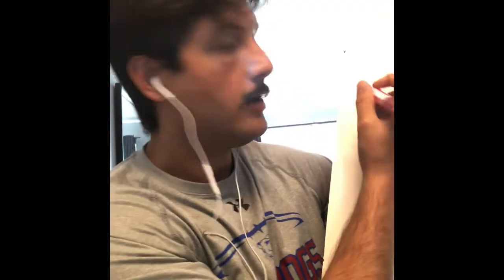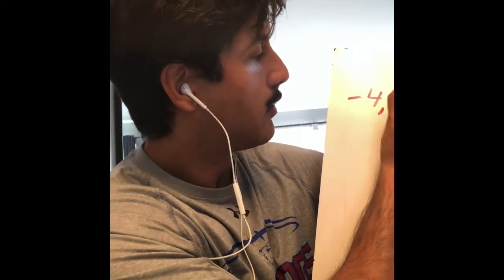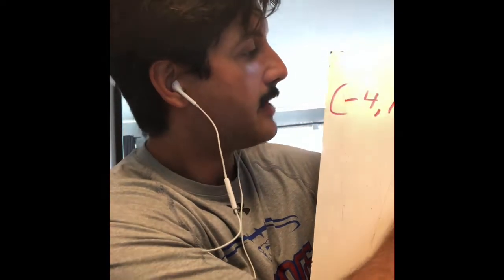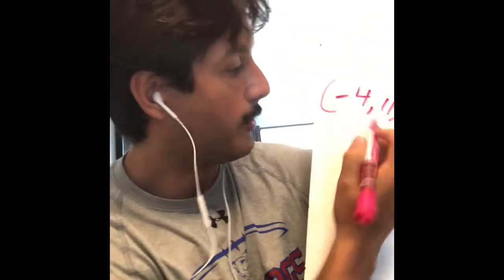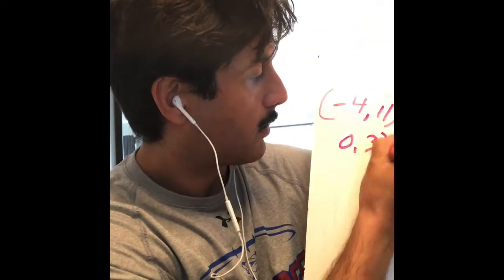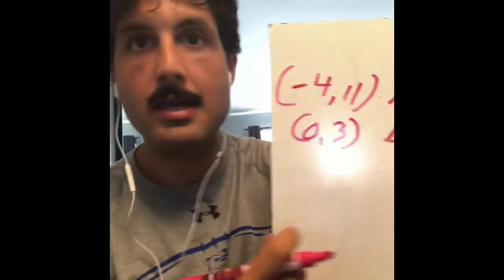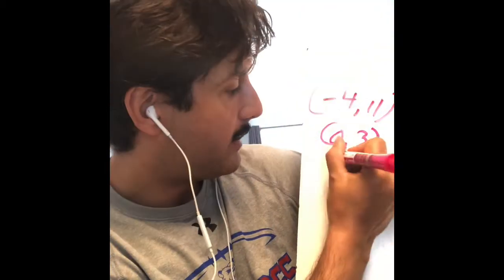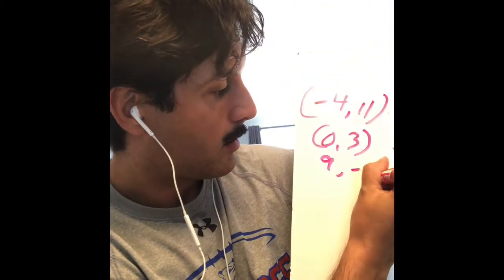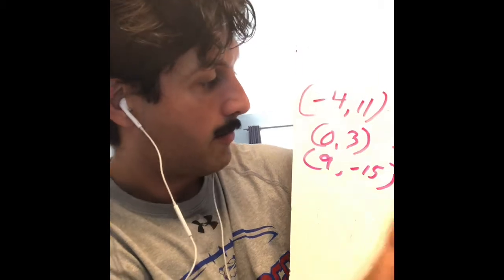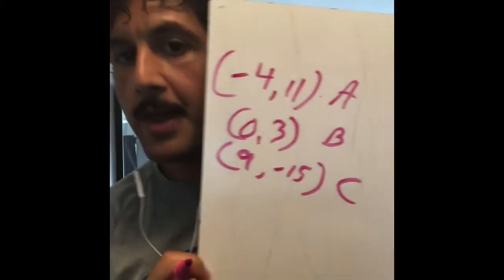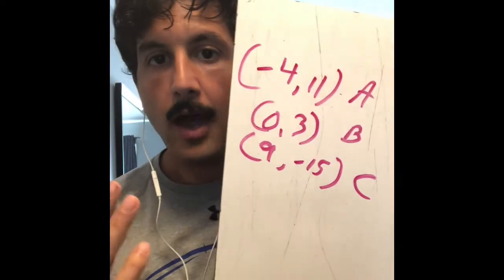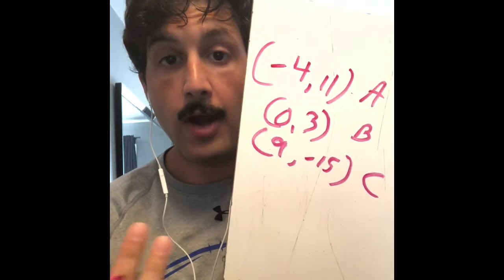The first points we have are negative 4, 11. That's A. 0, 3 for B, and 9, negative 15 for C. So there's my three points. I need to come up with slope equations for AB first.